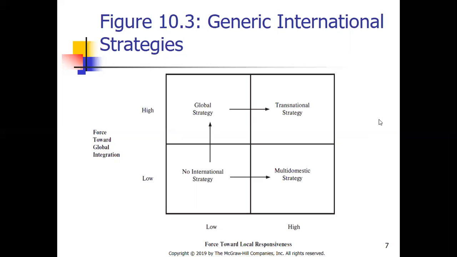Examples like Citibank, and maybe IKEA. They have a lot of outlets overseas, but they don't really look into the responsiveness coming from the local side.